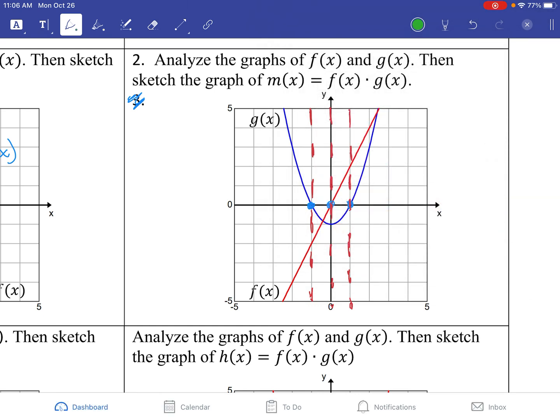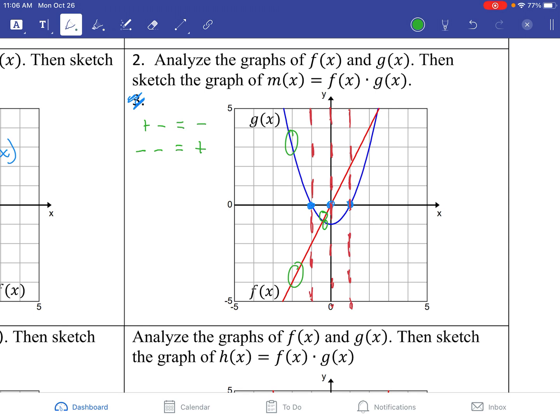So the first one, we have a positive and a negative, which gives a negative answer. The second one, in between these two things, these are both negative graphs. So negative times a negative is going to equal a positive. Let's make sure that looks like an actual equal sign. There we go.